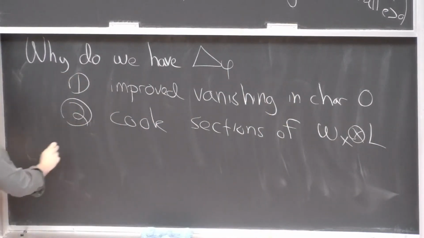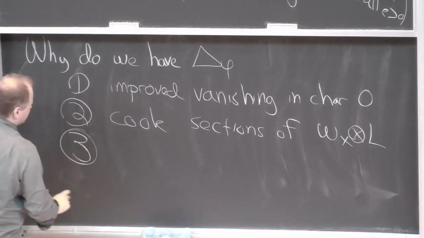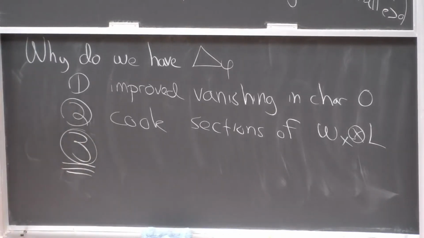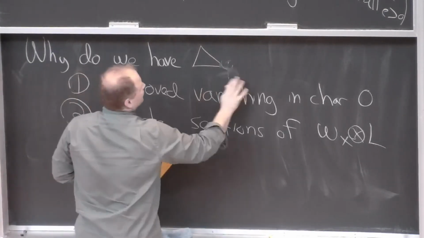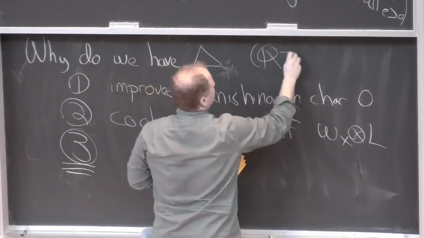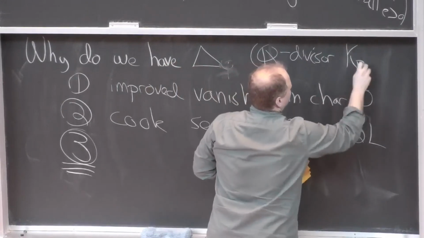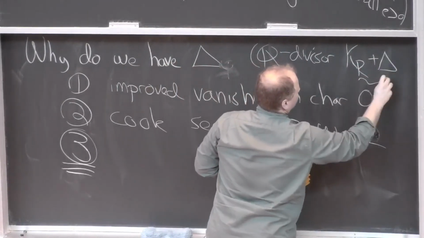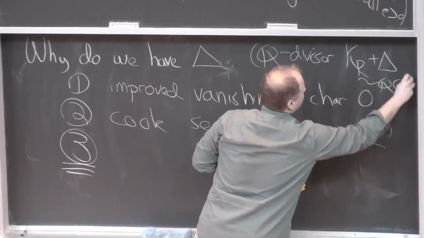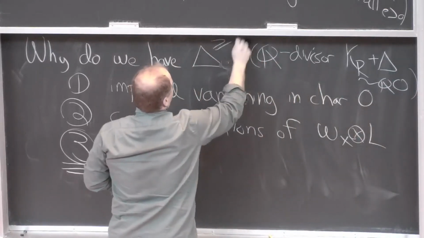Again, mostly in characteristic 0, but there's a bigger condition, and this is the one I think is most important. And I do want to focus on both characteristic 0 and characteristic p. So Q-divisors, K_R plus delta Q-linearly equivalent to 0, effective divisors.